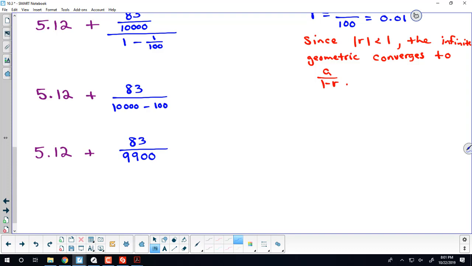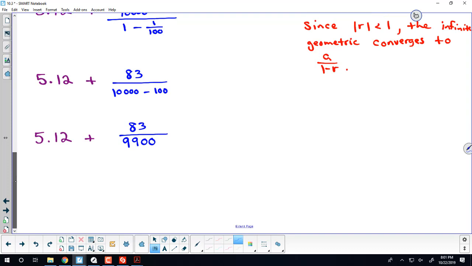We want to express the whole thing as a fraction. So then we've got to express the 5.12 as a fraction and add it together with this fraction. So 5.12 as a fraction is what? 512 over 1,000 plus... 100.